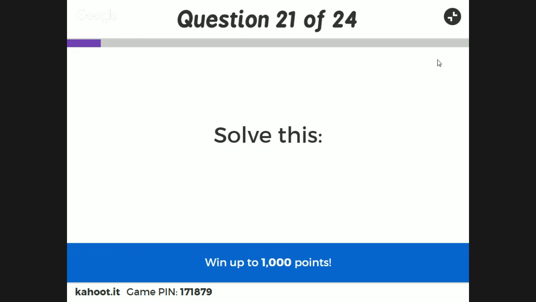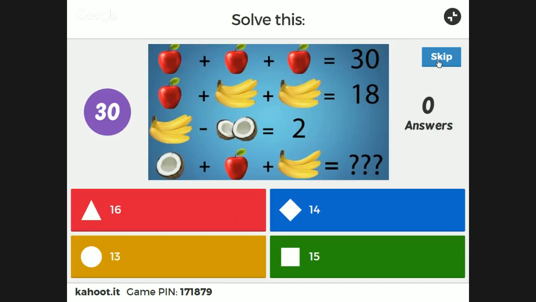Boom! Solve this. I love this one. Try it. Yes, it is the right one. So it wasn't very good.